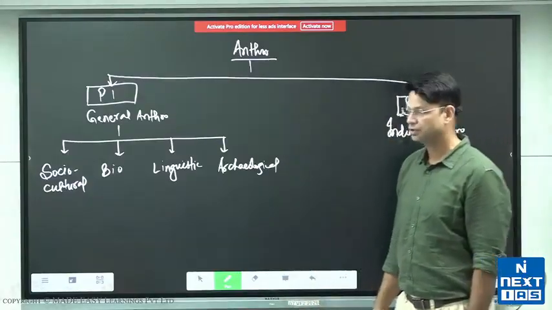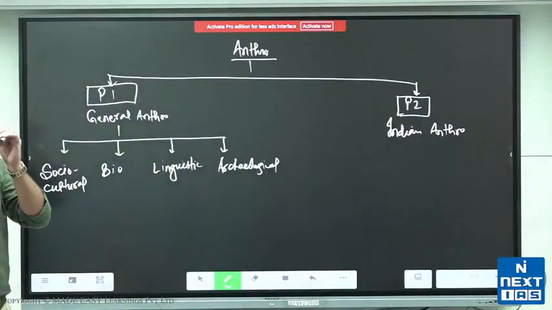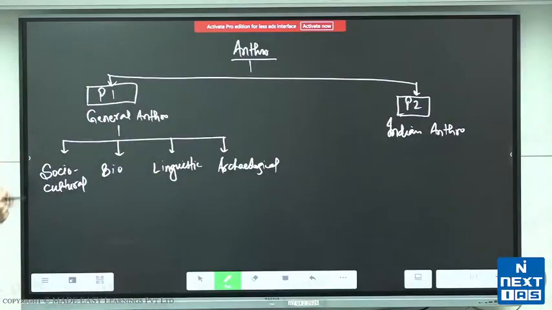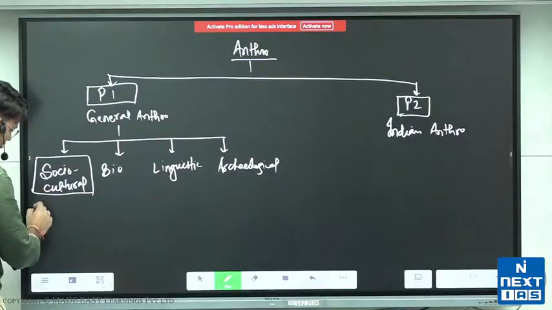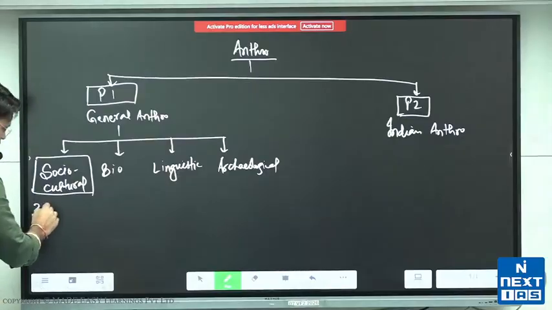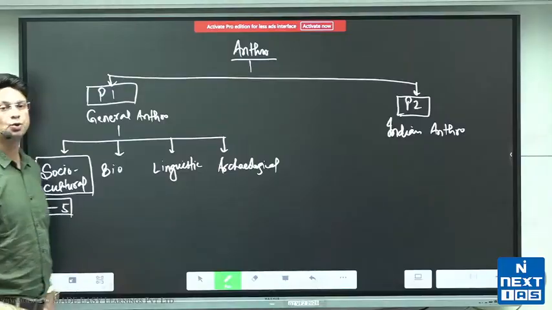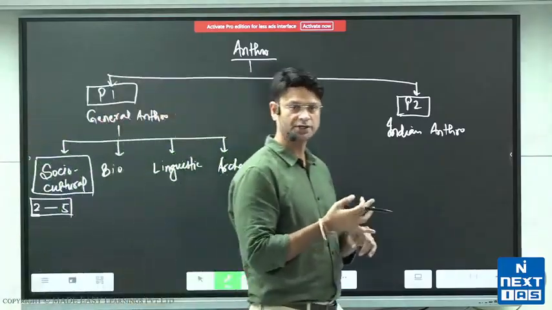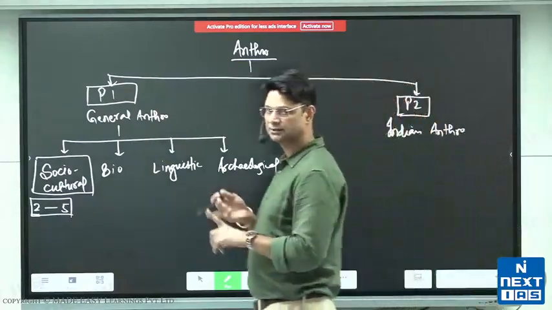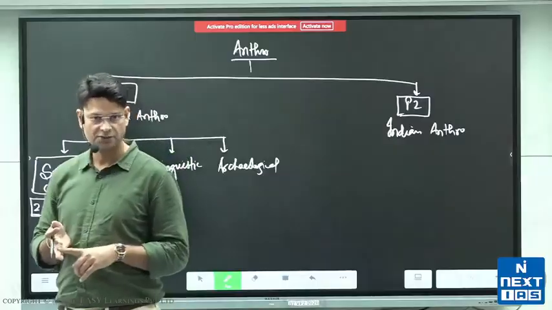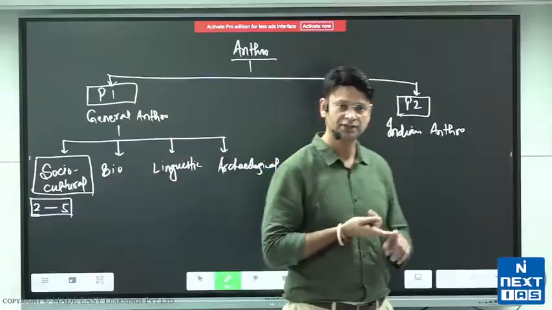If you look at the syllabus that is given to you, the PDF that is available in front of you, starting from unit 2 up to unit 5: 2.1 is culture, 2.2 is society, 2.3 is marriage, 2.4 is family, 2.5 kinship, 3 economic organization, 4 political organization, and 5 religion.